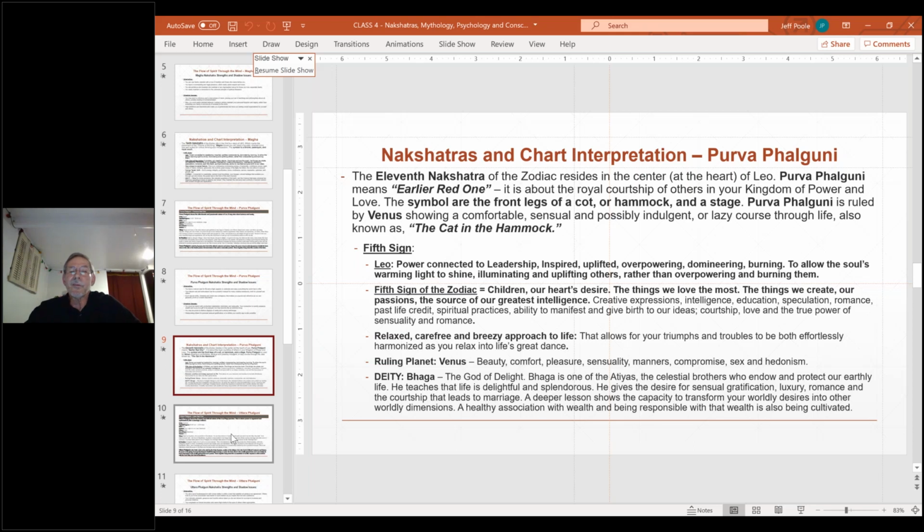But in this type of courtship, that's what eventually leads to marriage. So the deeper lesson shows the capacity to transform your worldly desires into bigger dimensions that are otherworldly. This is that you can see the celestial energy all active through these nakshatras.